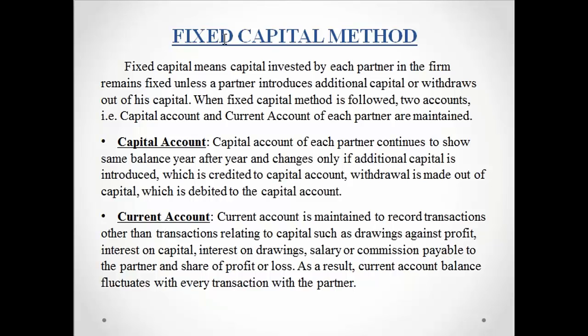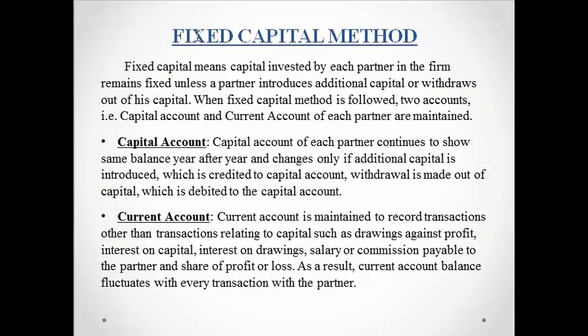In short, for maintaining partners' accounts, there are two methods. One is called fluctuating capital method. If it is the fluctuating capital method, you prepare only one account, partner's capital account, and all the items are taken to the same account. When the capitals are fixed, you prepare two accounts. One is partner's capital account. What is its purpose? To show all the transactions related with capital. What is the purpose of preparing partner's current account when the capitals are fixed?